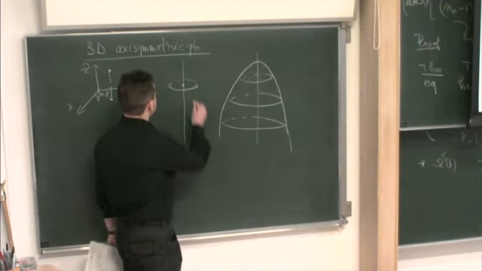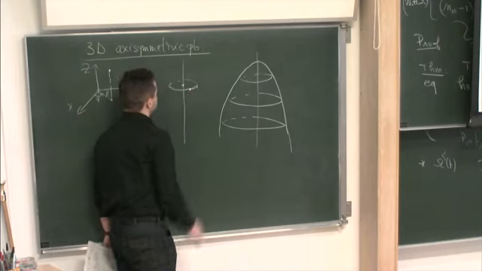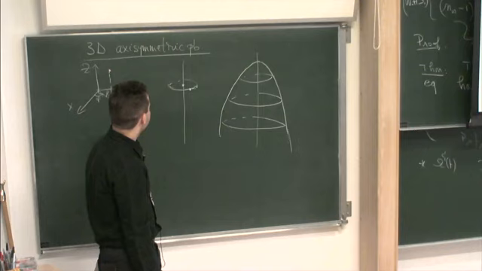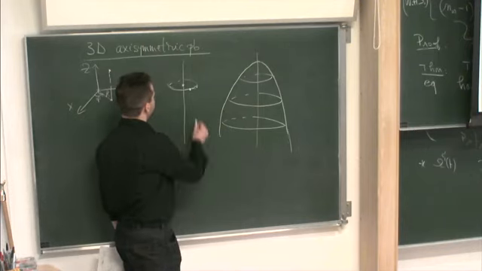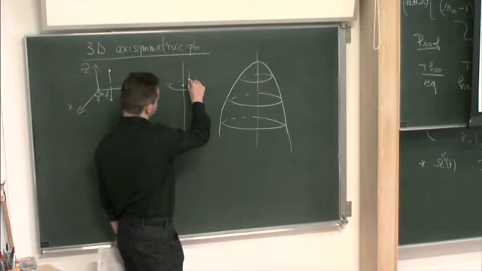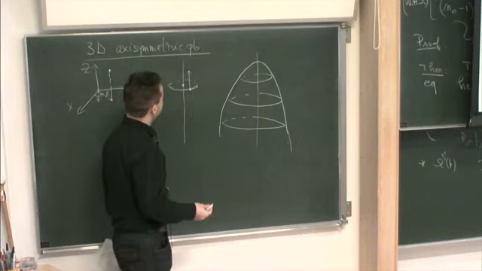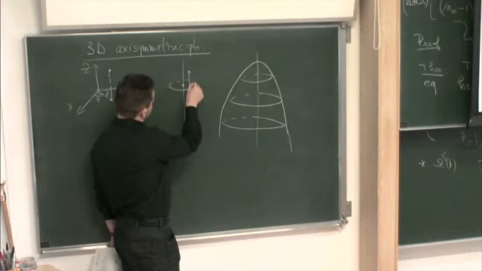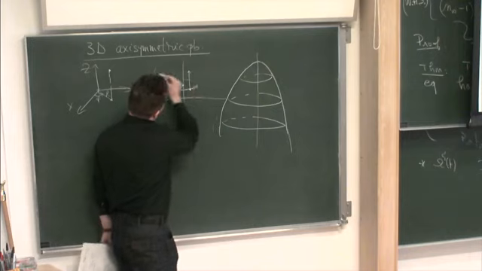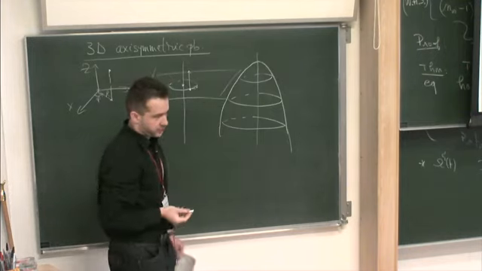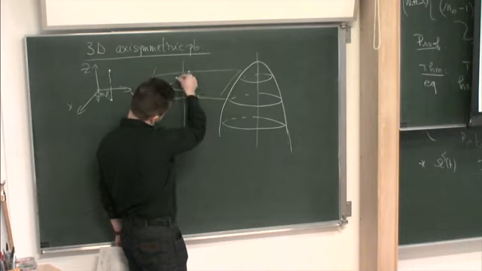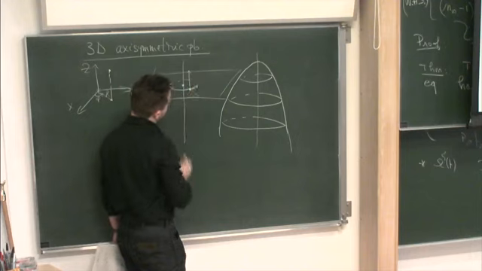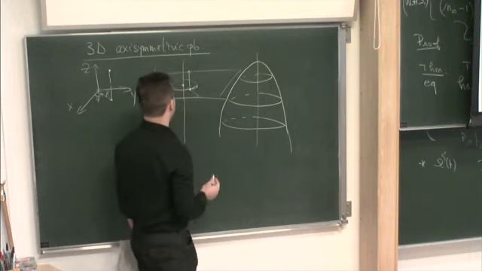And in an axisymmetric flow, if we take a point somewhere in space, the fluid velocity can be decomposed into a vertical component and a component in the horizontal plane in which that point is situated. And this horizontal component can be decomposed along the radial direction and the direction tangential to the circle.